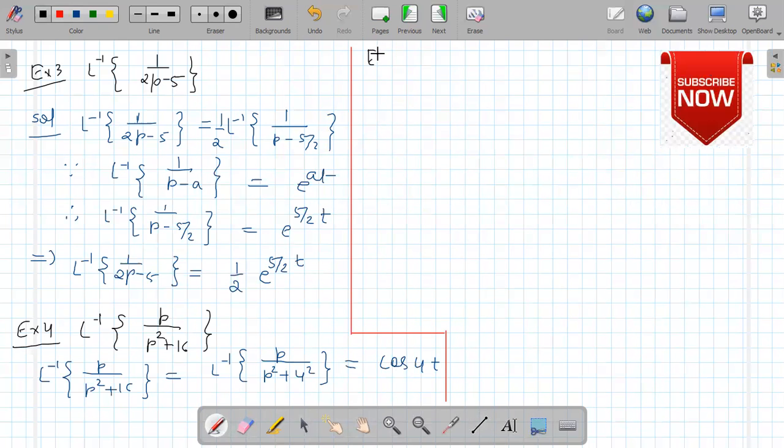Next, find Laplace inverse of 2p minus 5 whole divided by p square minus 9. So we solve it. First of all, we separate these two terms.